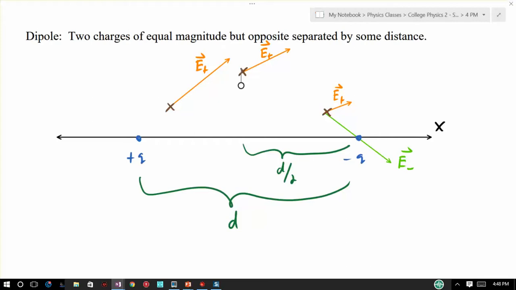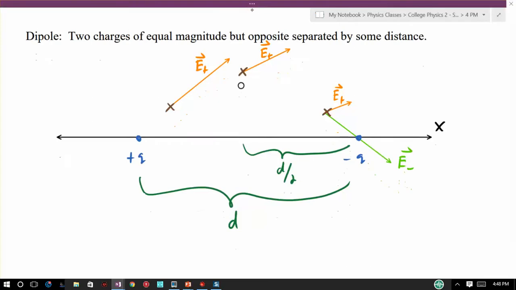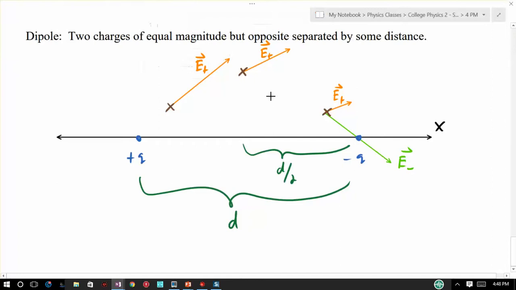It's the same. Not the same direction, but the same amount. So it looks like this. You're just going towards this negative charge. But the point is, these two vectors are the same length when you're in the middle.